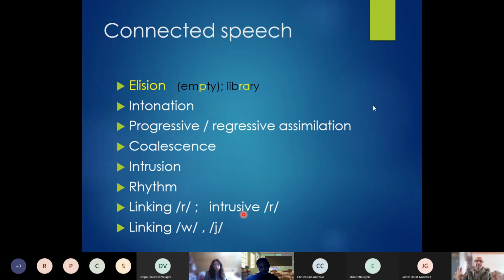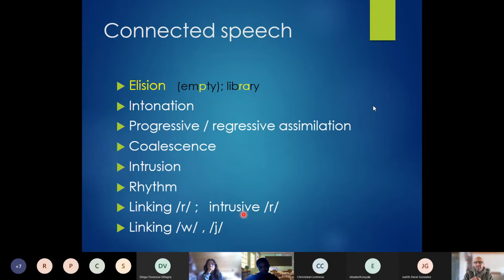Like, for example, in the Californian English dialect, they tend to elide this particular sound. So that's a feature taking place in a community. Or sometimes it's an individual component in someone's idiolect.